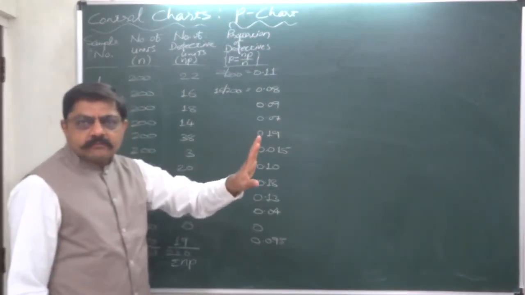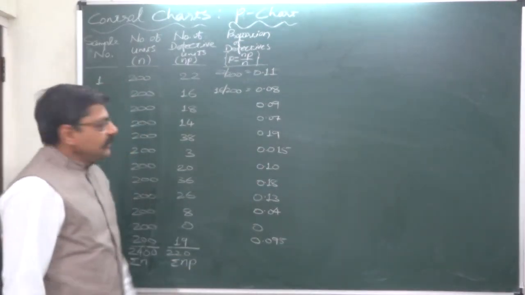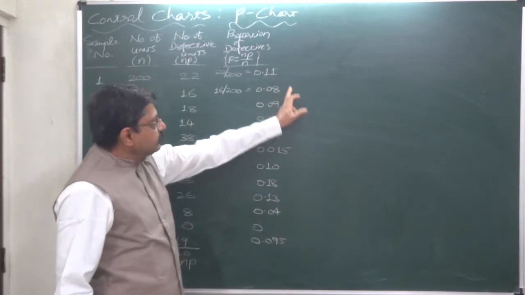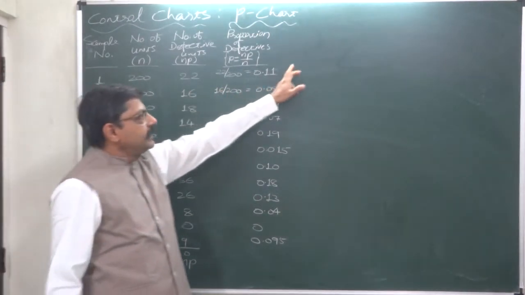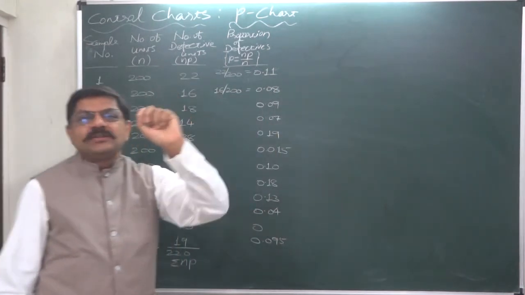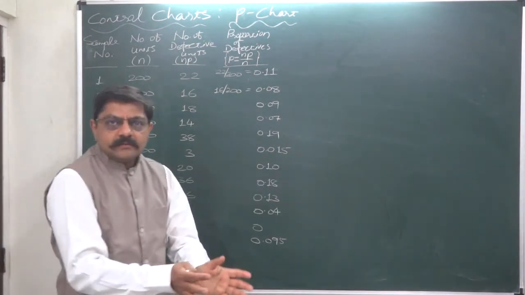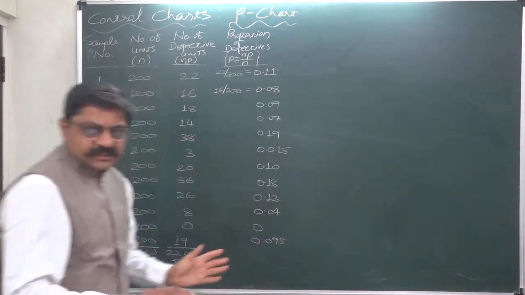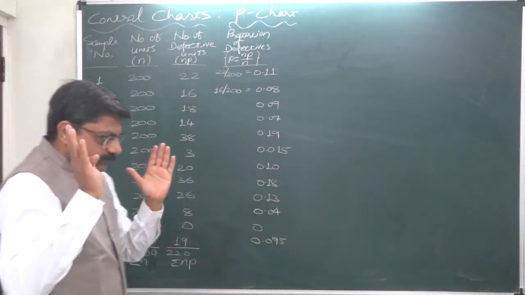Another meaning is the percentage of defectives in each sample. Nothing new, only this proportion is multiplied by 100, irrespective of sample size. Then we get the percentage of defectives in each sample, and we go ahead with the help of these percentages. But that I shall discuss in the next lecture.